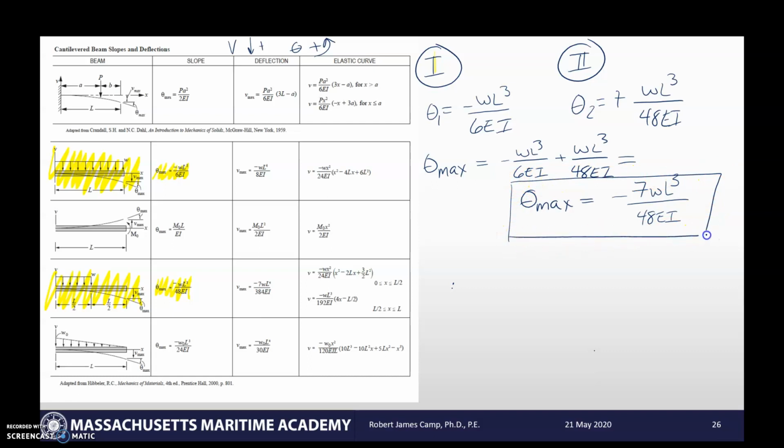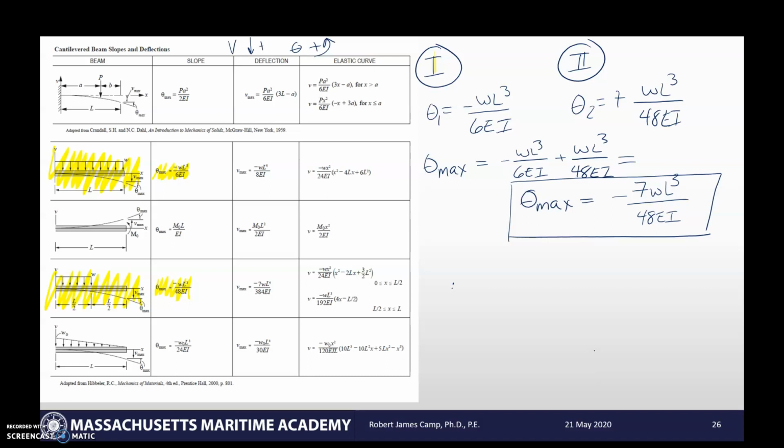So that's a negative, which means that we have a clockwise rotation, which is what we should expect. Even though we're pushing up a little bit, we're getting a much more clockwise rotation than counterclockwise, which is why it's still negative.